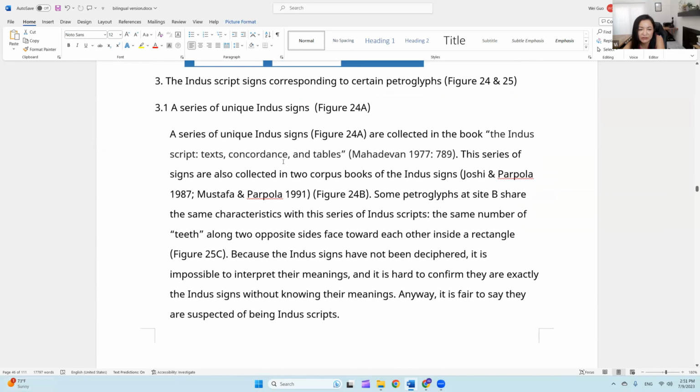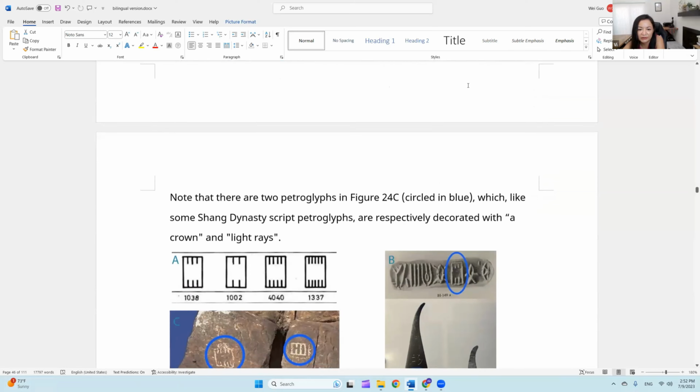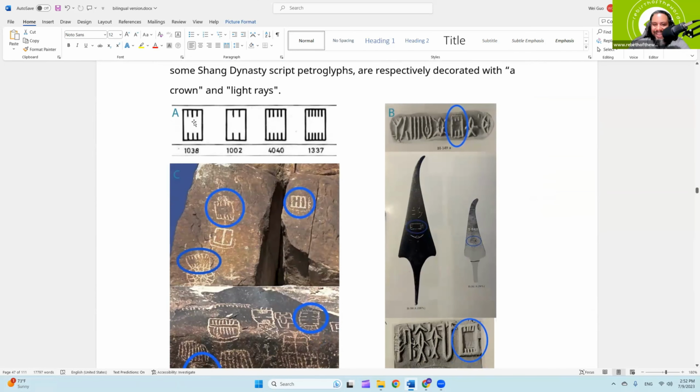So there is a series of unique Indus signs. Let's look at this. Yeah, I remember that. This is basically a rectangular shape with two opposite lines with the same number of teeth.